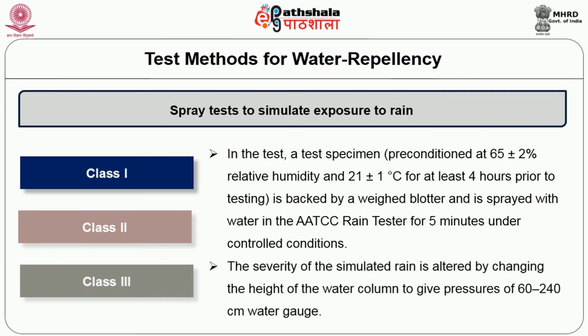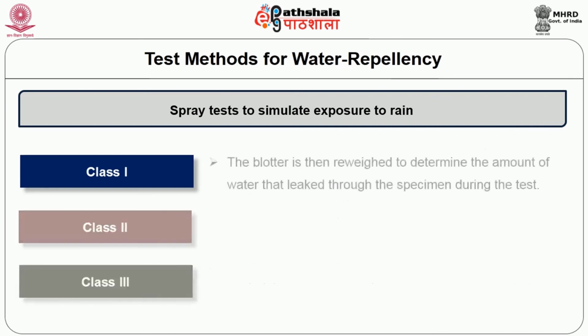The severity of the simulated rain is altered by changing the height of the water column to give pressure of 60 to 240 centimeter water gauge. The blotter is then reweighed to determine the amount of water that leaked through the specimen during the test.